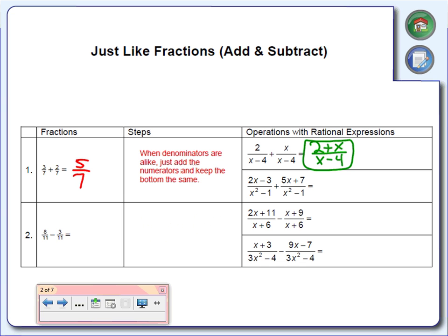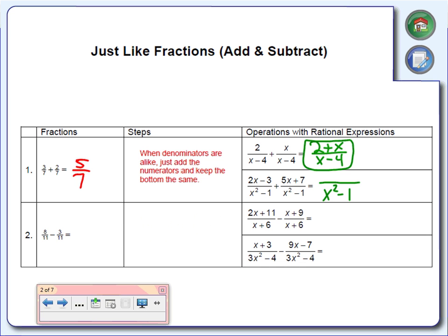Going right below it is the same idea. Notice how you have a common denominator again. So we're going to keep that denominator x squared minus 1. What we're going to do is we're going to add up the numerators. So we need to add 2x minus 3 plus 5x plus 7. Now, keep in mind when you're adding those numerators, you can only add like terms. So in other words, x's with x's, constants with constants.